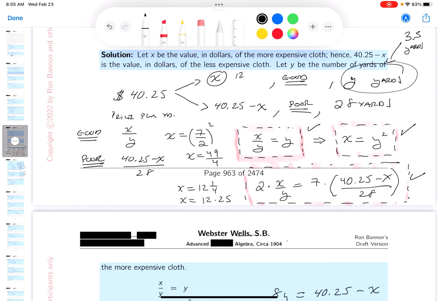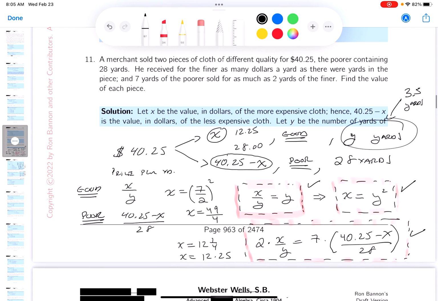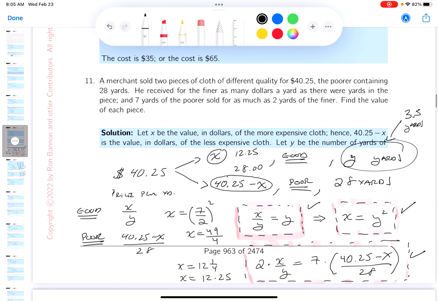All right, so what's over here? This is 12.25. We'll get to the question later. What's this over here? That would be 28. All right, let's go back to the question, and I want to know what the question was. Find the value of each piece. We did. So the expensive cloth, we'll check the key later, $12.25, and the less expensive cloth, but when I say the less expensive cloth, I really should say the poorer quality cloth.